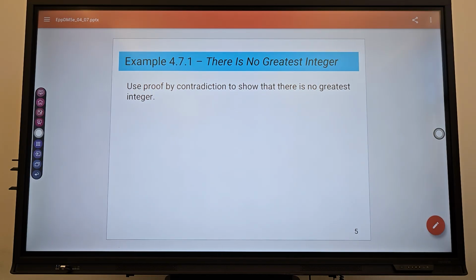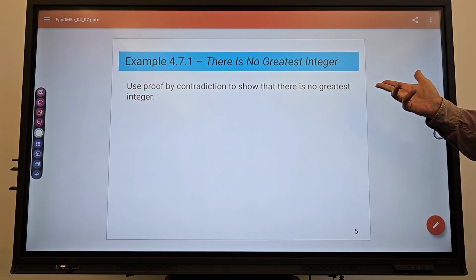N plus 1 is also an integer because 1 is an integer and N is an integer, and addition is closed on integers, so N plus 1 exists. Therefore, your assumption that there is a maximum integer is false. Therefore, there is no greatest integer.